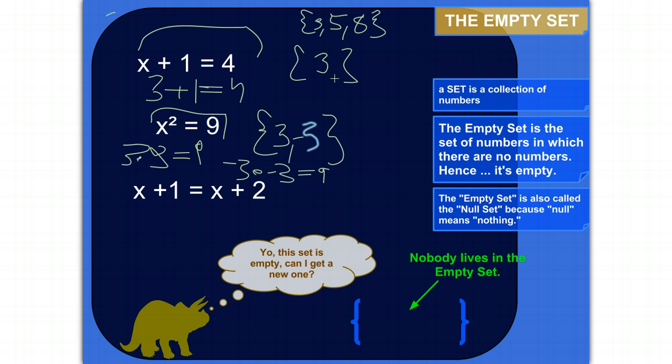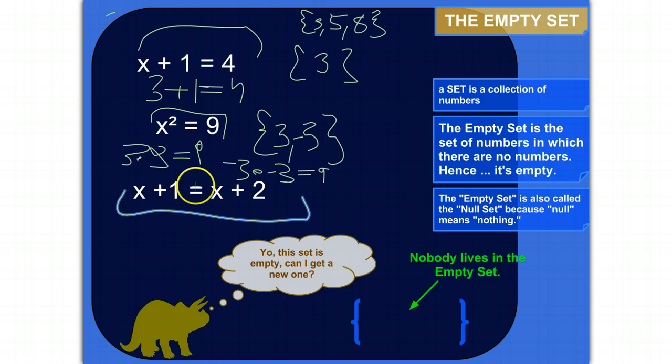What if I were to ask you, what is the set of all real numbers for which this is true? You take a number and add 1 to it. It's the same as if you take that number and add 2 to it. Well, you would be scratching your head. There is no solution.